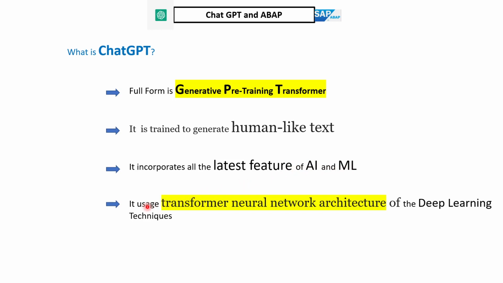Then it uses the transformer neural network architecture of deep learning. Deep learning is a concept of machine learning, and within that concept there is one called the transformer neural network architecture. It works on that. So let's go and check it out.